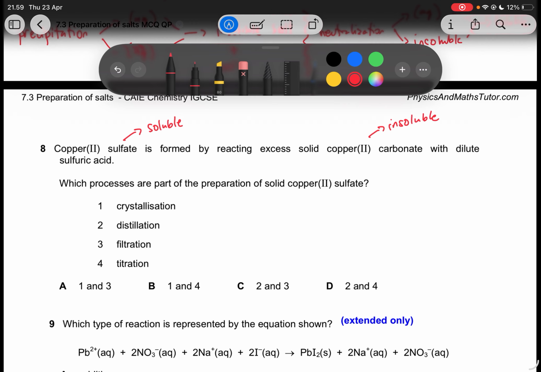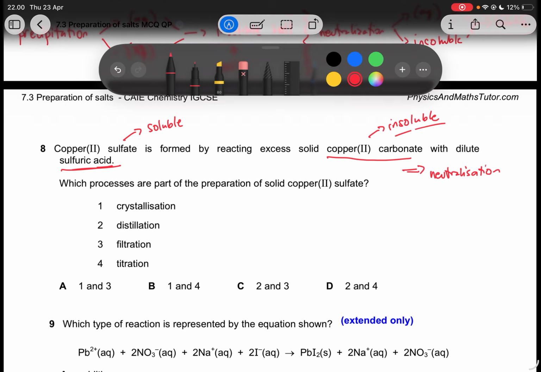Therefore, we are creating a soluble salt if we use an insoluble compound in acid. So it means we are doing neutralization. So we are using insoluble copper carbonate mixed with sulfuric acid.